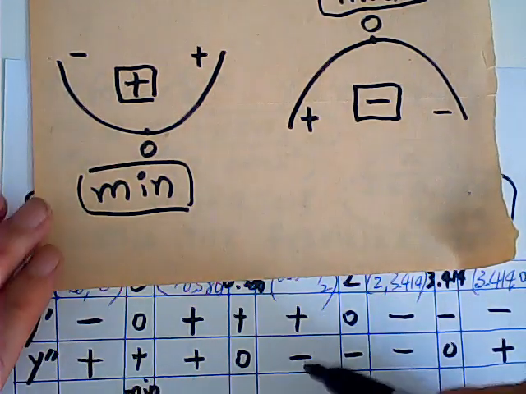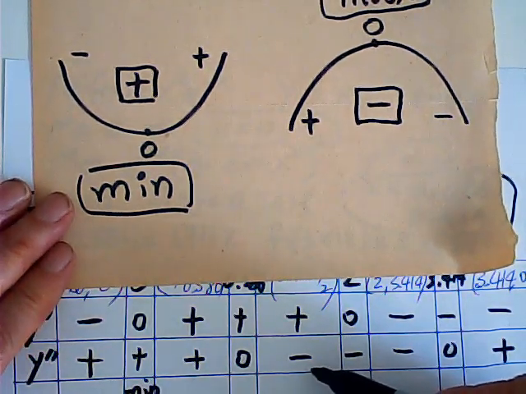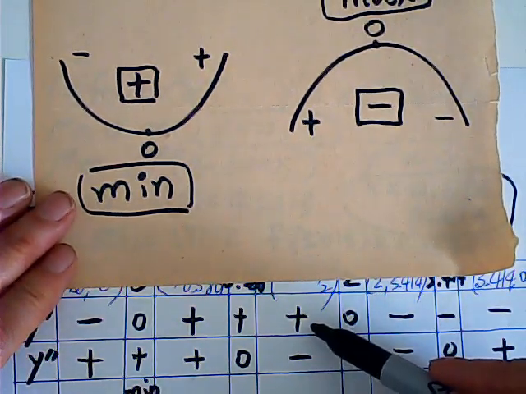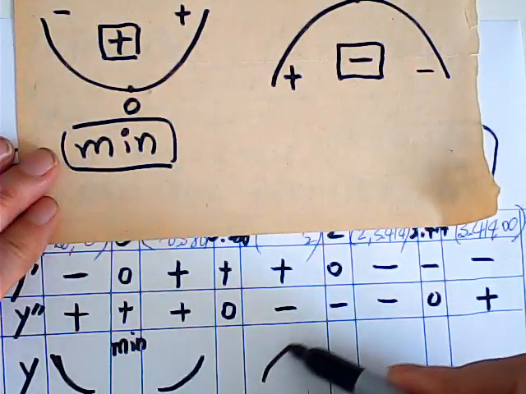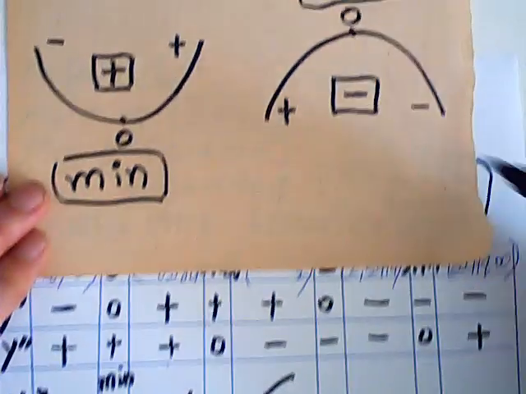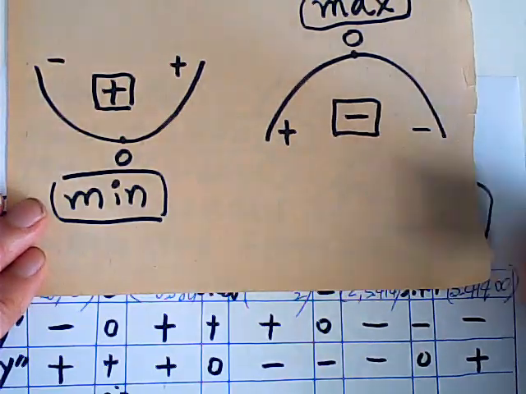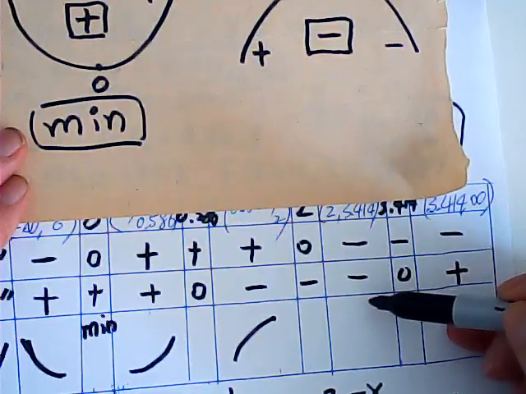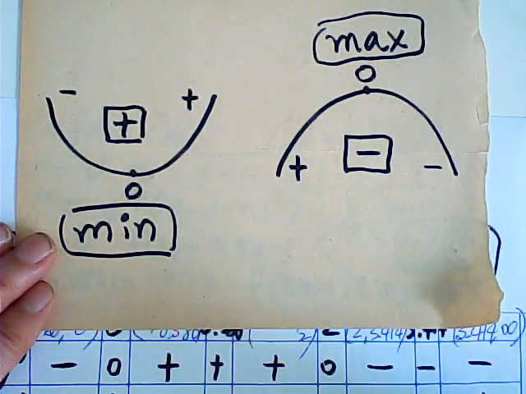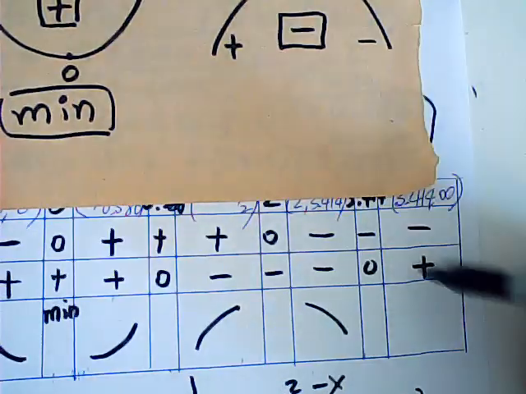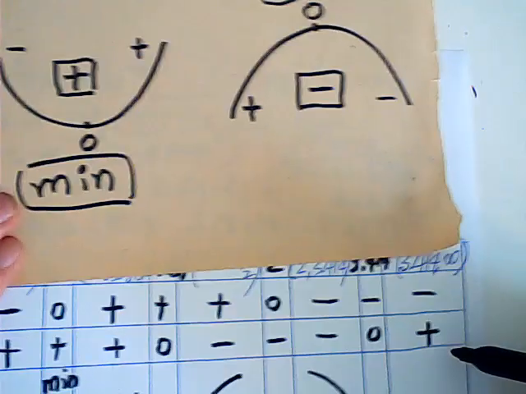And the second derivative is negative. First derivative is positive. That is the shape. This is the shape. Second derivative is negative. First derivative is negative, so that's the shape. Second derivative is positive.